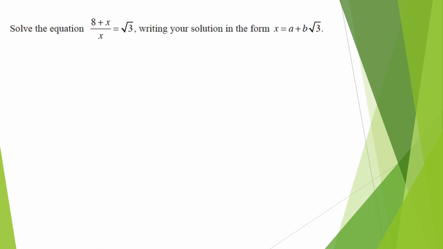So that's another solving equation format, but also again surds. And because it's a surd, the first thing is to rearrange and then expand.